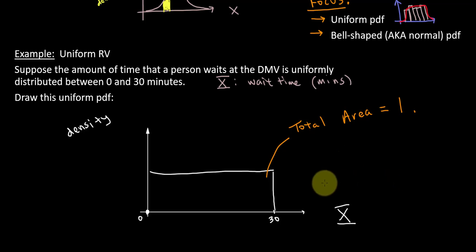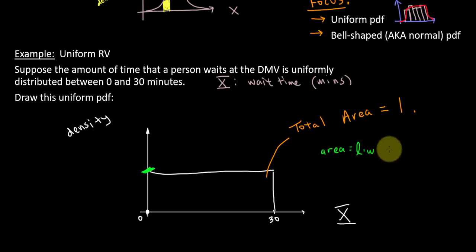So this brings up a fun little question. What must the tick mark on the vertical axis be right here? This is a rectangle, a flat top approximately. So we need a number right here such that, in order to find the area, remember we do length times width to find area in a rectangle.